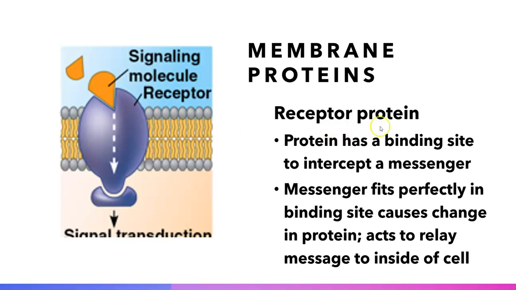So there are what we call receptor proteins, and that's their job, is to receive chemical messengers. So they are embedded in the membrane themselves, and they typically have some type of binding site where a messenger, a chemical message, can be received by that protein.